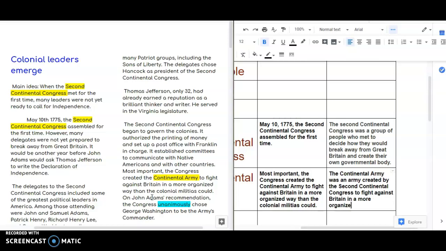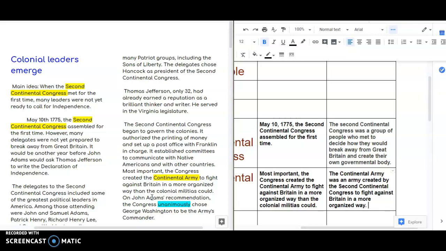To me, this means that the militias that were fighting against Britain before were just a ragtag gang of people who didn't have a plan for how they were actually going to win. And if anybody is familiar with how our American military works, you have to go through boot camp and training, and there are certain ways for you to do things.